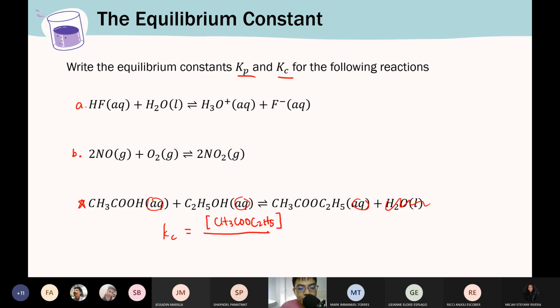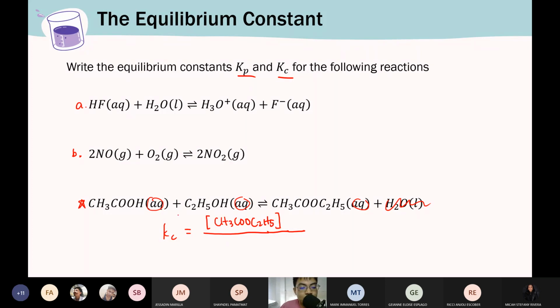Okay? Kailangan square bracket, ha? Does it have any coefficient? Wala naman. Okay? So, meaning, wala akong magiging exponent dito ng 2, ng 3, etc. Kasi, 1 lang yan eh. Okay? So, I can just simply forget about it. Okay? So, yun yung sa numerator ko.